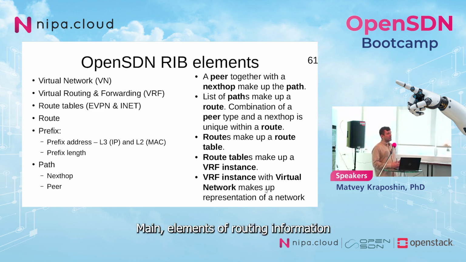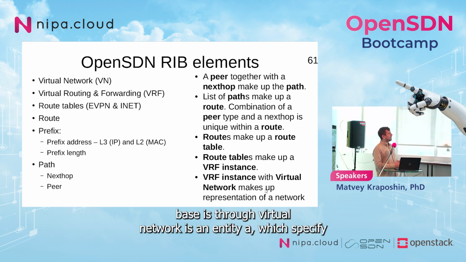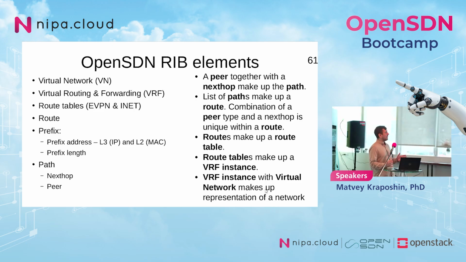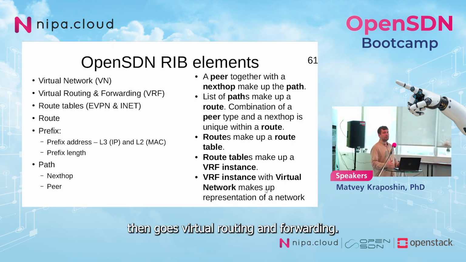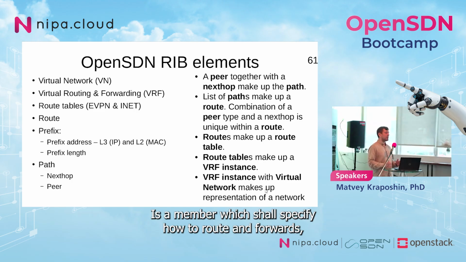Main elements of the routing information base: virtual network is an entity which specifies policies. Then goes virtual routing and forwarding, which specifies how to route and forward.